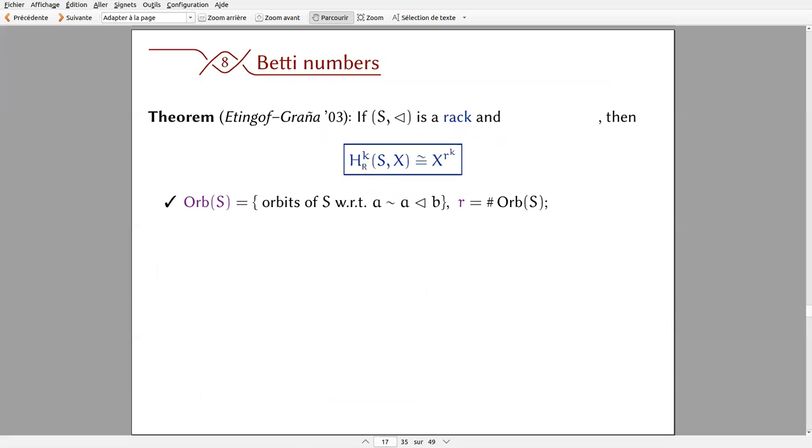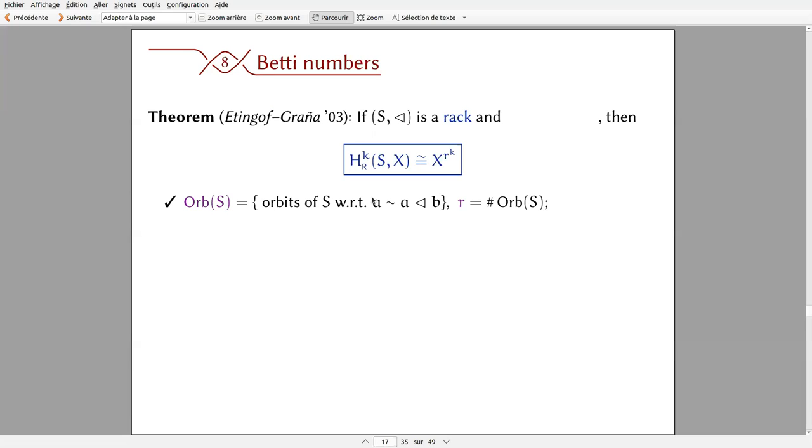And one more result which I would like to mention, a classical result, is that if you want to compute the cohomology of a rack, not only a shelf, and if you have some technical condition, then this cohomology is just a direct sum of some copies of X. The number of copies of X you should take is R to the power K, where K is the degree in which you are working, and R is the number of orbits of your rack.